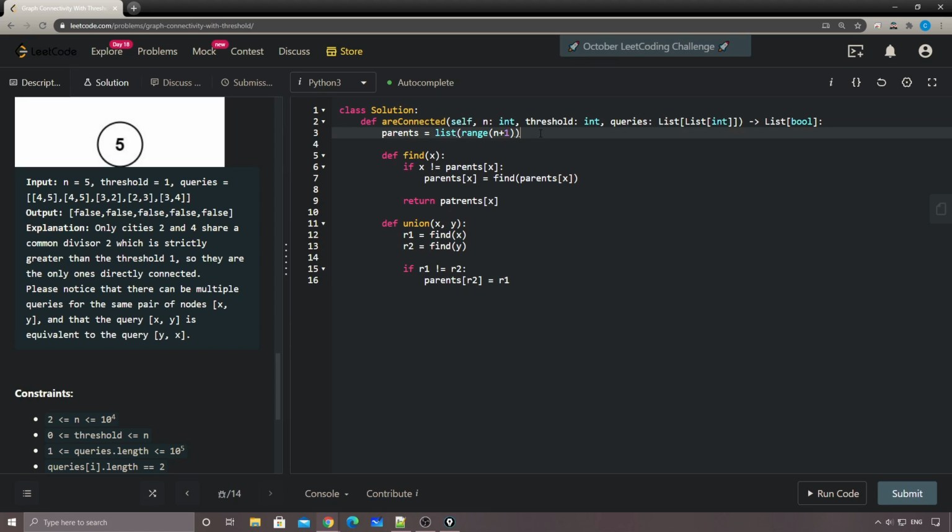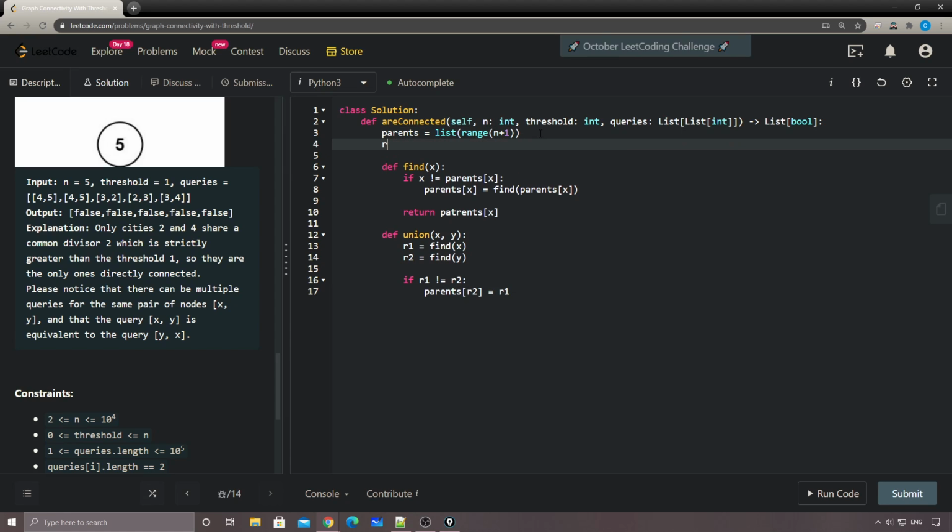I think the complete template also maintains a rank of each node, and every time we only assign the root with the lower rank to the root with the higher rank.